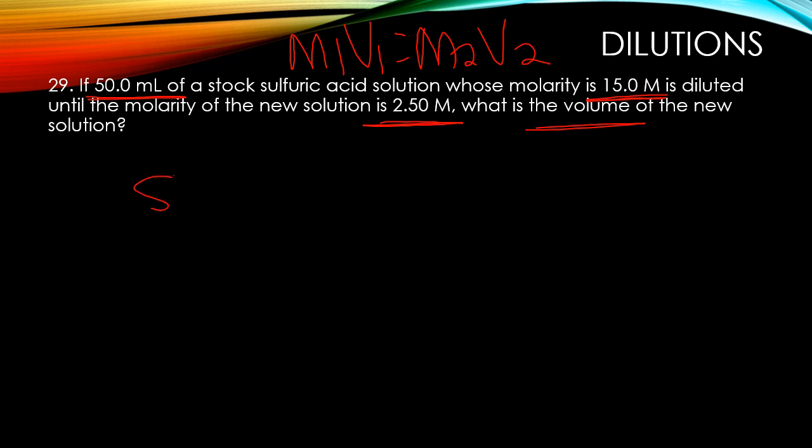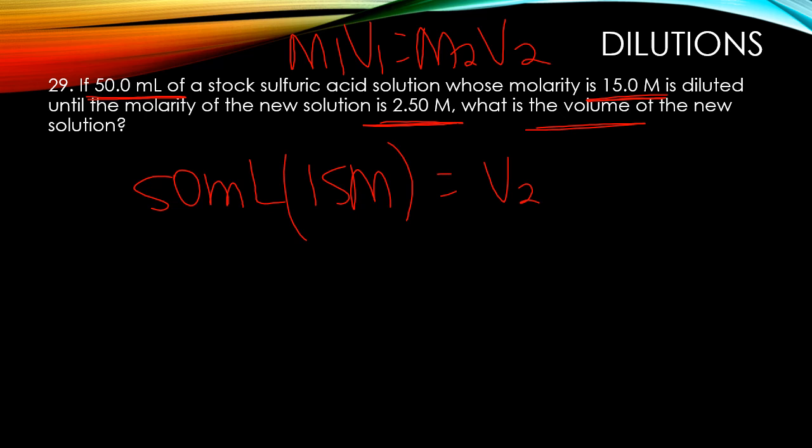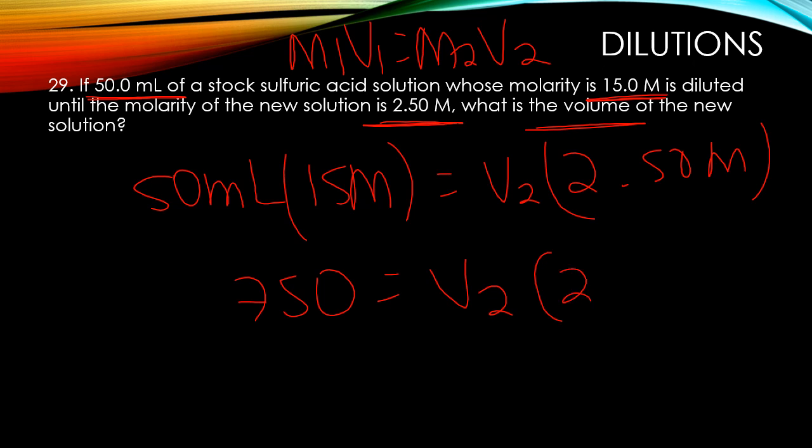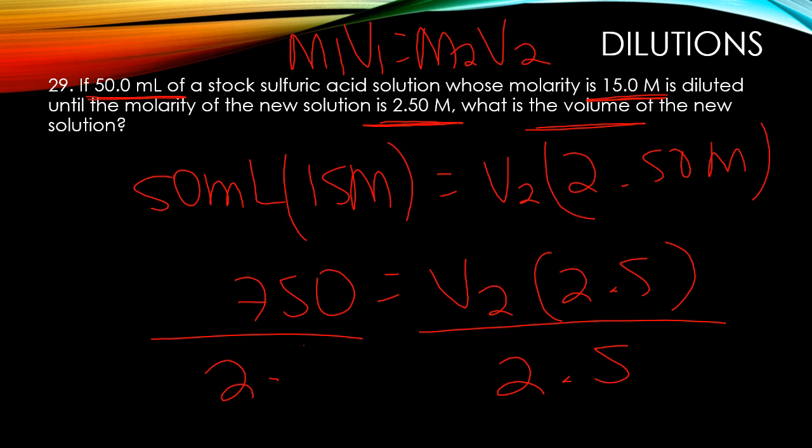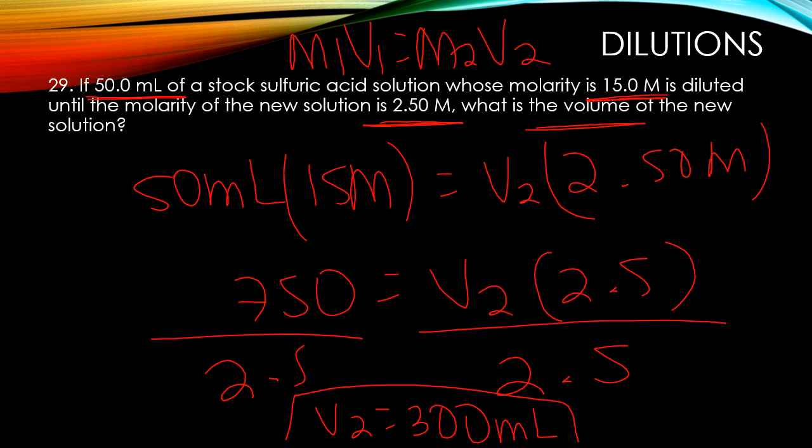Okay, 50 milliliters times 15 molarity equals V2, we don't know, times 2.5 molarity. 50 times 15 is 750 equals V2 times 2.5. Divide each side by 2.5. And my V2 equals 300, and the unit is milliliters because V1 was in milliliters.